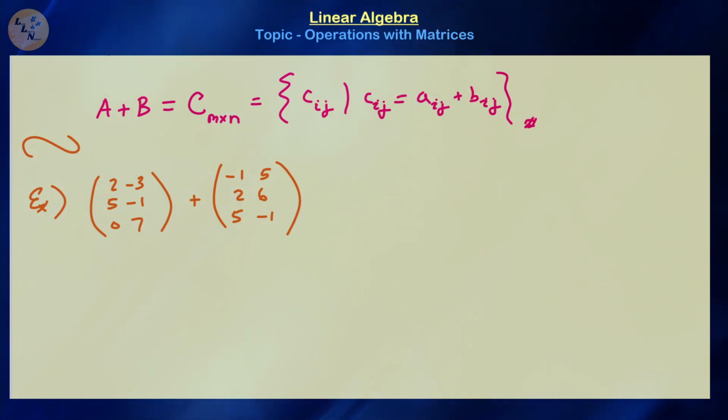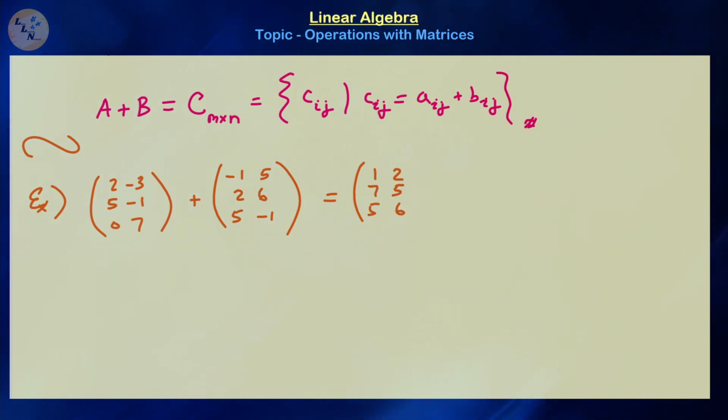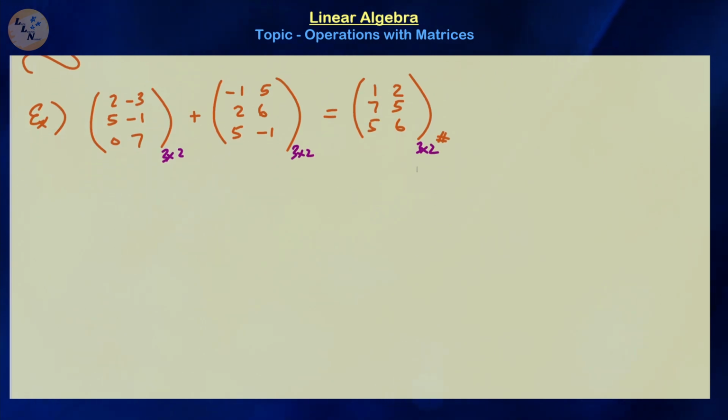So this is going to be equal to, 2 plus negative 1, that's going to be 1. Negative 3 plus 5, that's going to be 2. And then 7, 5, 5, and 6. So notice that the dimensions of both of these, 3 by 2 and 3 by 2, result in another 3 by 2 matrix. So that's how we do matrix addition.